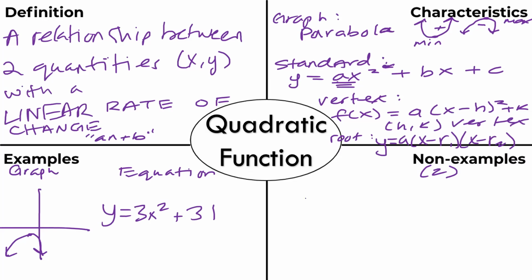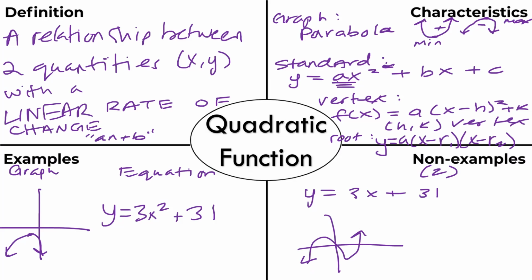For my non-example, it could be y equals 3x plus 31. And why is that a non-example? It's linear. It's mx plus b. My highest exponent is a 1. I can draw this guy.